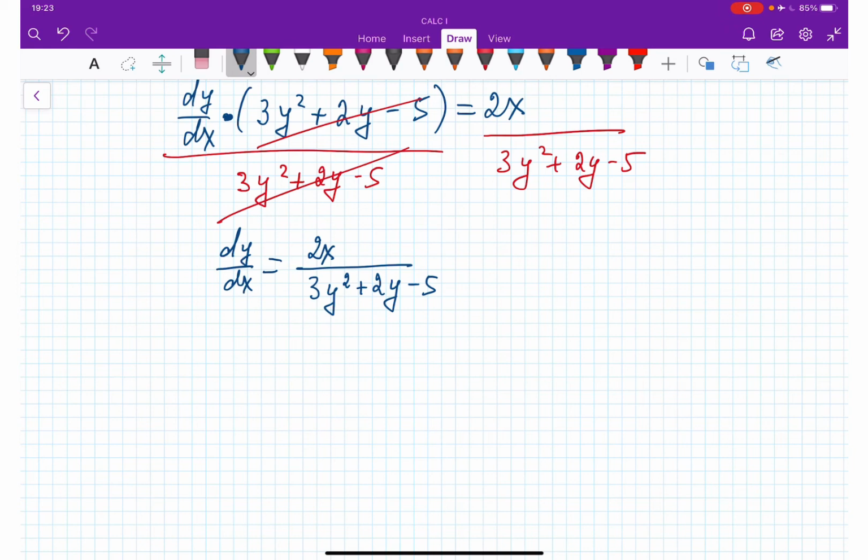I want to show here the benefit of implicit differentiation, okay? So we have x squared plus 4y squared, and that is equal to 4.